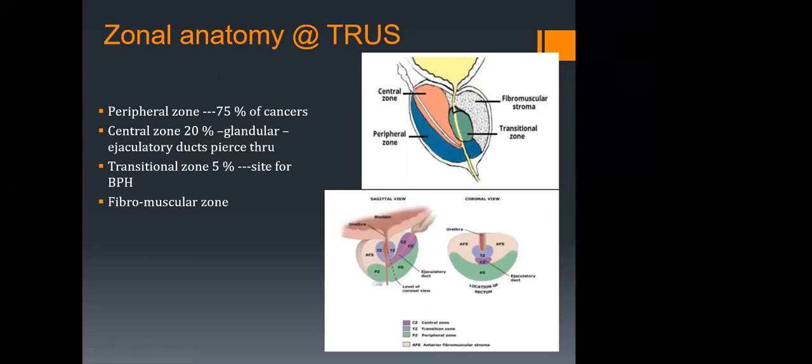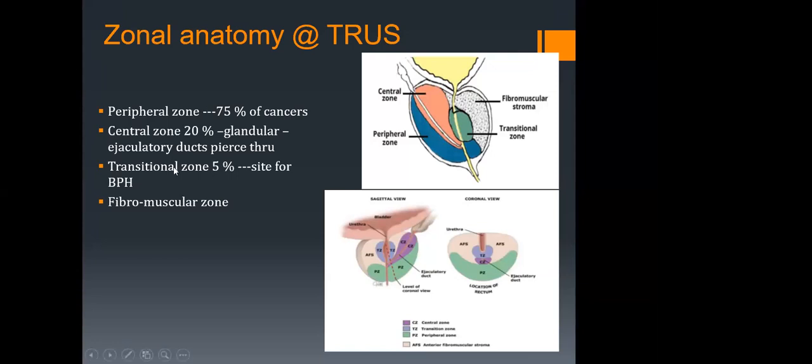Now, when you split up this prostate into these different zones, research has shown that most of the cancers, 75%, will come from the peripheral zone. And then the central zone, which is the second biggest, contributes 20%.